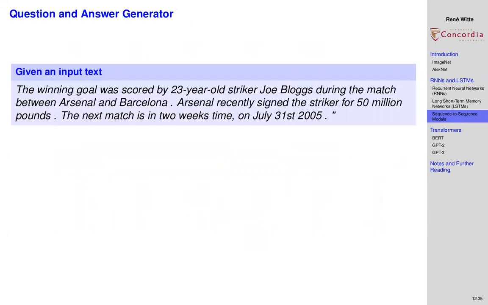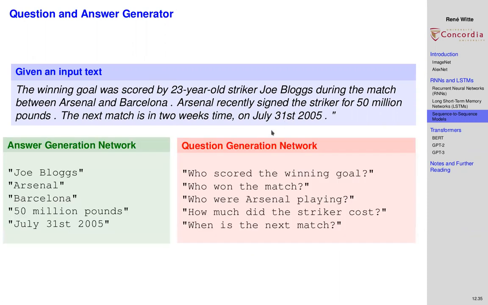And as I mentioned, we can also use it for a question and answer generation system. So here we have an input text. The winning goal was scored by 23-year-old striker Joe Blocks during the match between Arsenal and Barcelona, and so on and so on. And now given this text, we can have two networks, an answer generation network and a question generation network, where they will generate matching question and answer pairs.